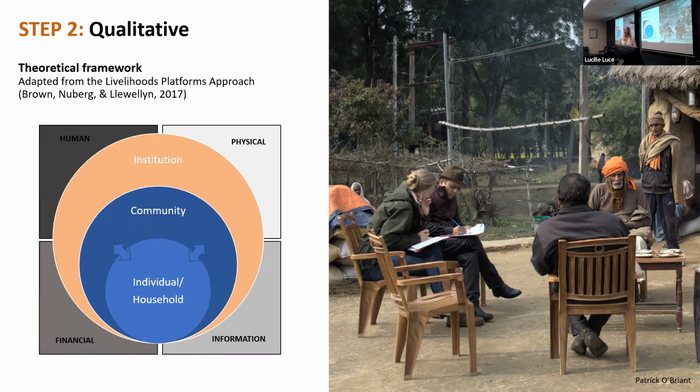We used a framework called the livelihoods platform approach, because farmers' decision-making at various levels, from the household to community to institution, is interdependent on the resources available, be it human, physical, financial, or informational. This gave us a framework to develop our semi-structured interviews, create a code book, and analyze the results in a very systematic way.